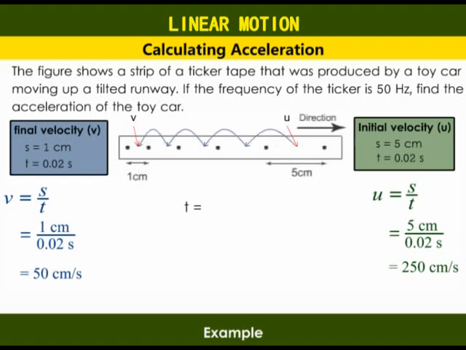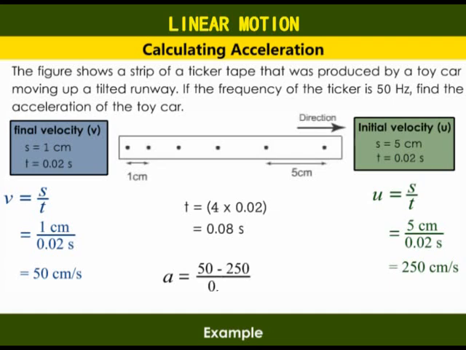If each tick is 0.02 seconds, then this will be equal to 4 times 0.02, giving us 0.08 seconds. And acceleration is equal to (50 minus 250) over 0.08, and that gives us minus 2,500 centimeters per second squared. Negative acceleration is also called deceleration, and that is expected because the toy car was moving up the runway.